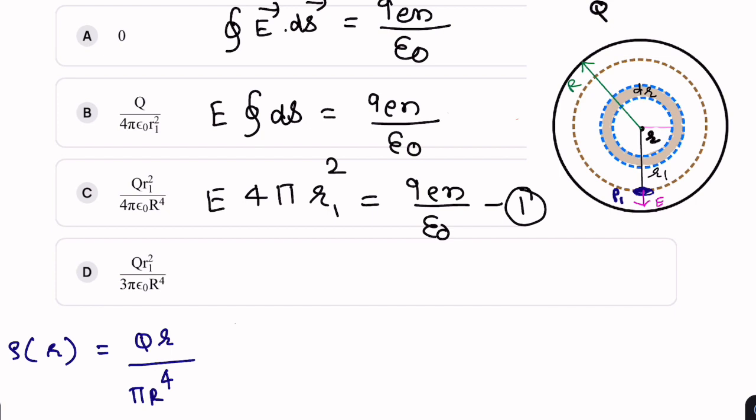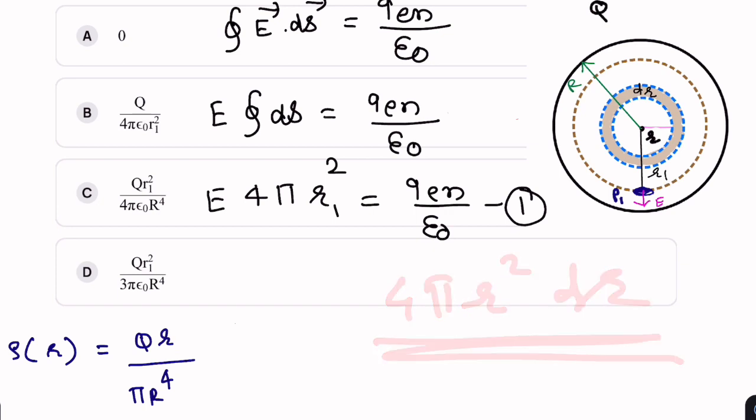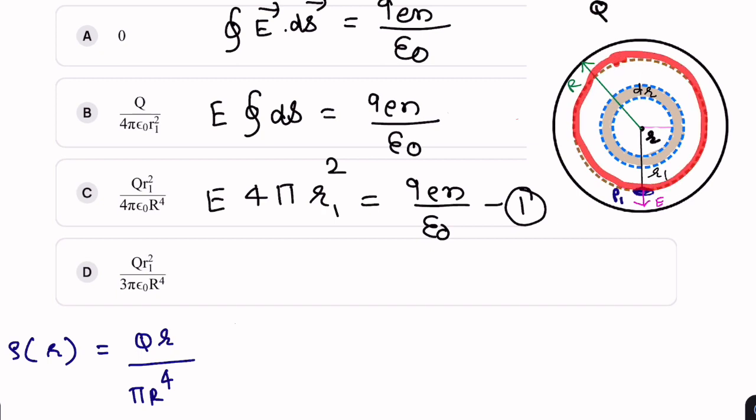Therefore, first consider a differential area 4 pi r square and thickness dr representing the volume. Then what amount of charge is enclosed by our Gaussian sphere? Let us consider the charge enclosed is q.